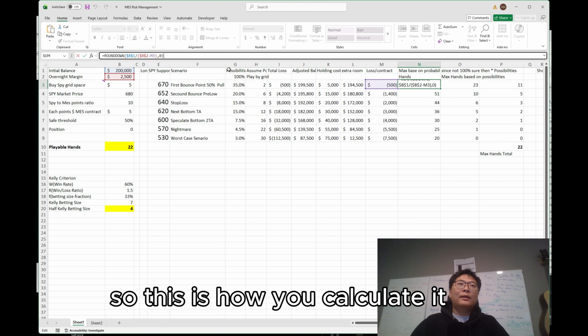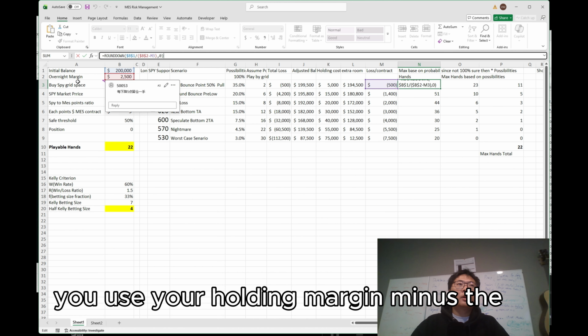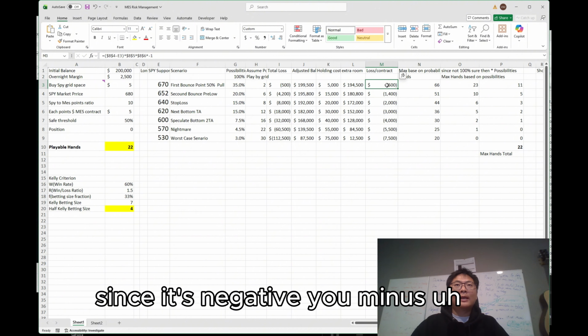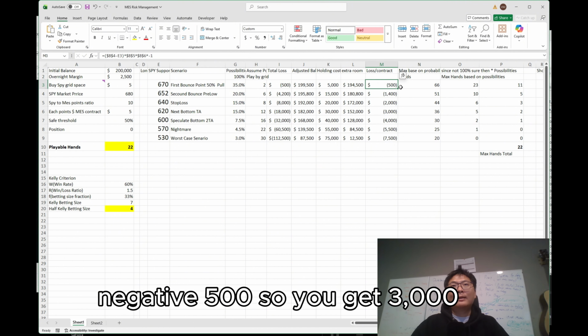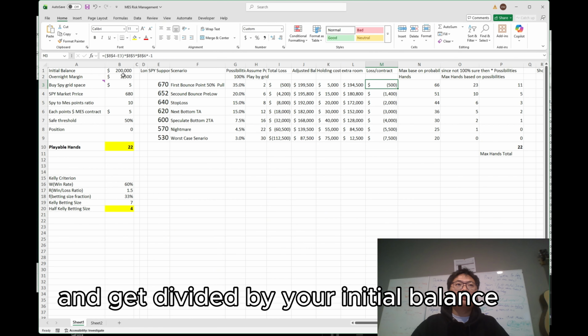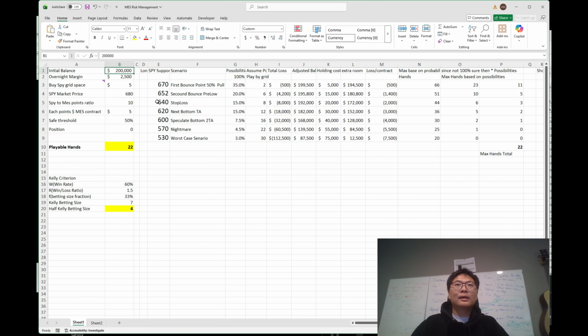This is how you calculate it. You use your holding margin minus negative 500, so you get 3,000. So you lose 500 and you still need 2,500 to hold it, and that gets divided by your initial balance.